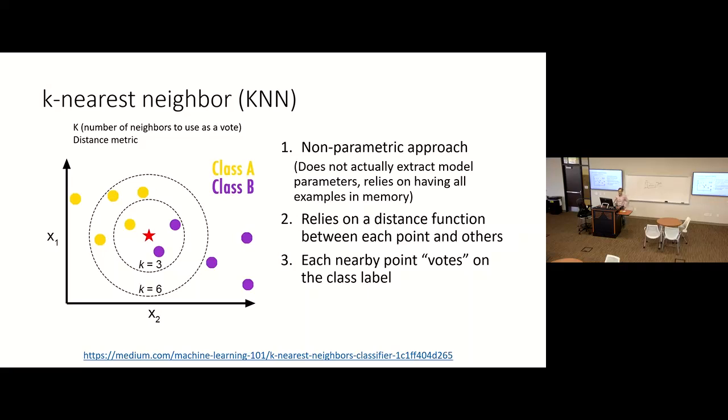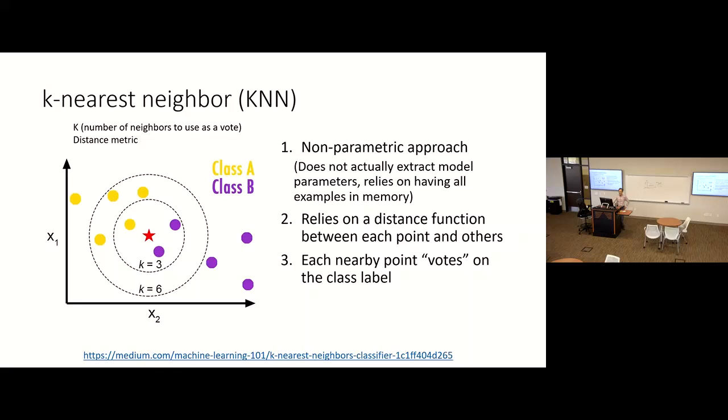So when you set k equals 3, this will find the 3 nearest neighbors. Because this neighborhood contains 3 neighbors, 2 purple ones and 1 yellow, this new data point belongs to the purple group.